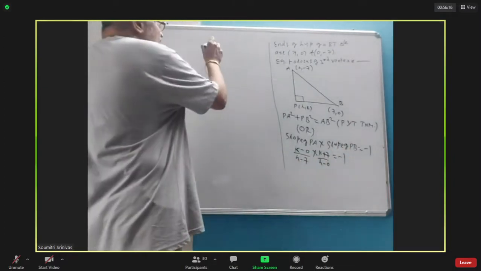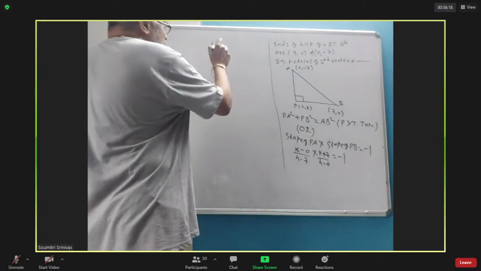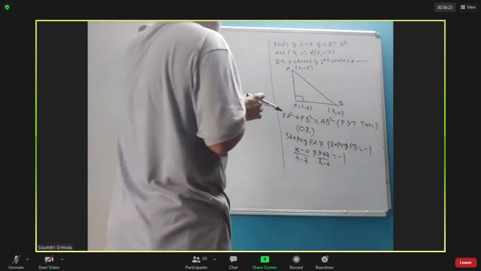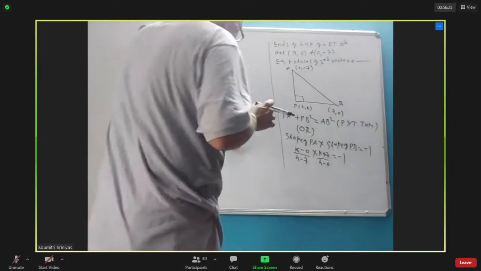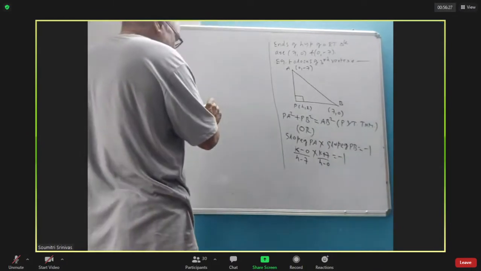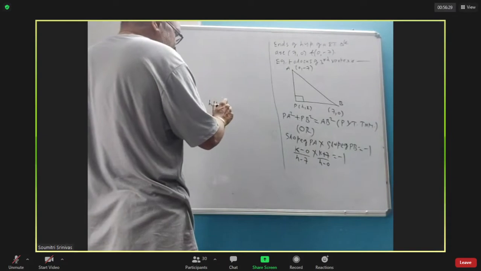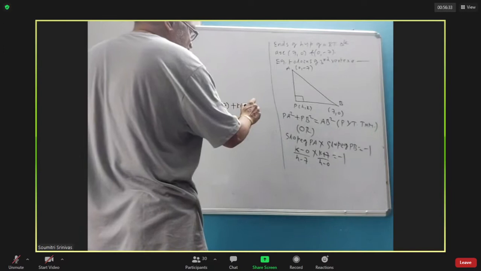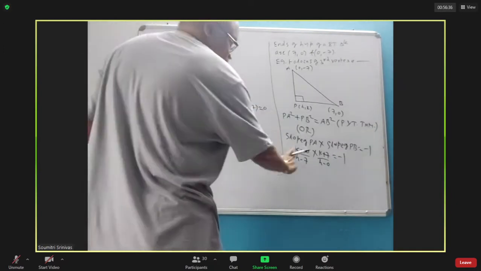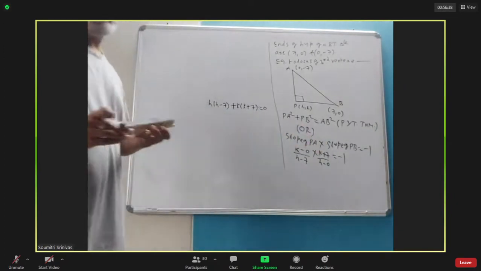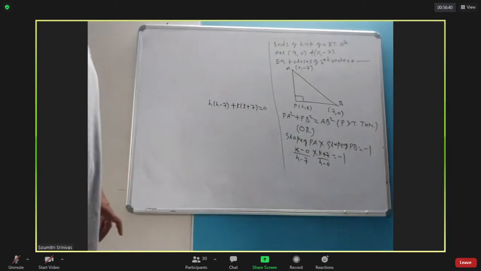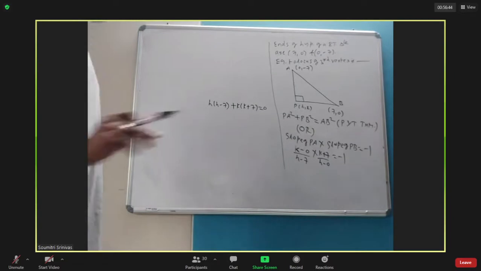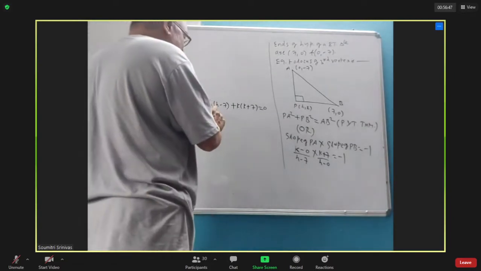What will I get? h into (h minus 7) plus k into (k plus 7) is equal to 0. Cross multiply, bring it here. Replace h and k by x and y.